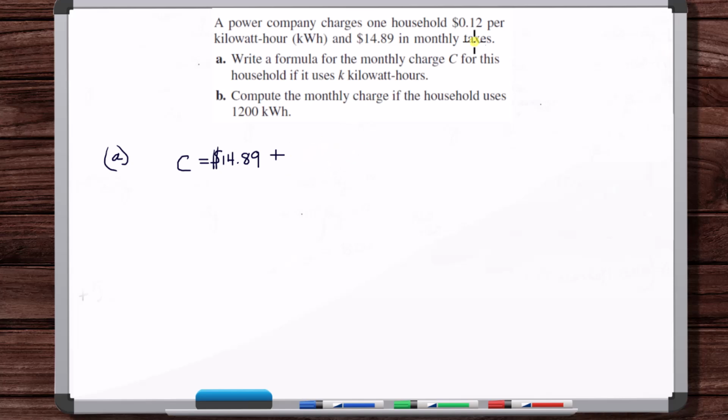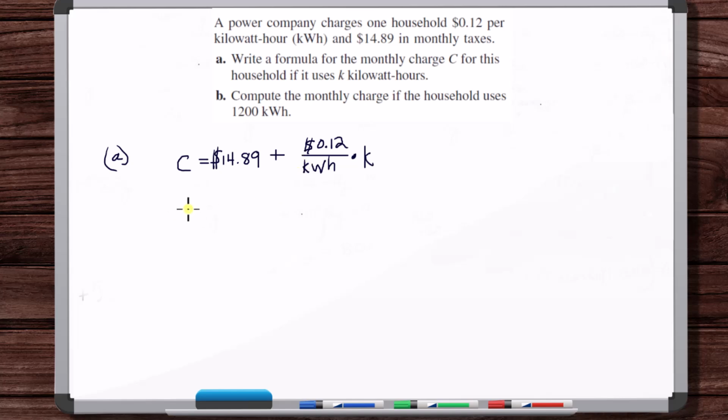Okay, so we're going to take this 12 cents, so 12 cents per kilowatt hour, and if we multiply that times K in kilowatt hours, these kilowatt hours would cancel, and you'd be left with just this dollar value, which is what we're looking for.